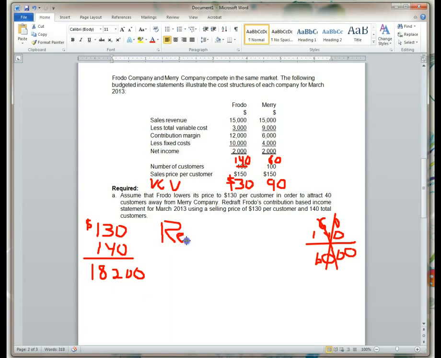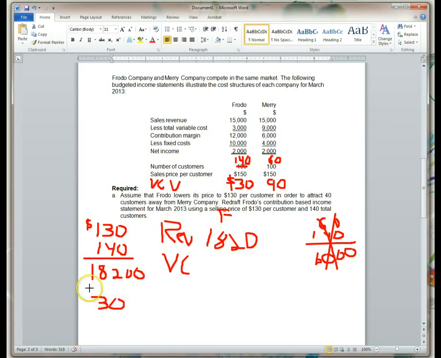So we can do revenue, right? And we know this is Frodo, of 18,200. And you know your variable costs. Our variable cost per unit stays $30.